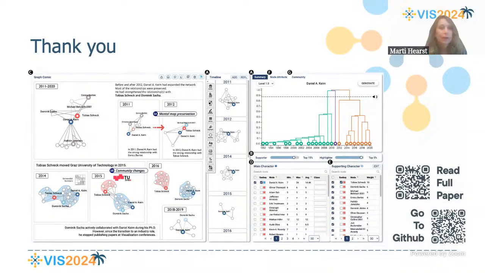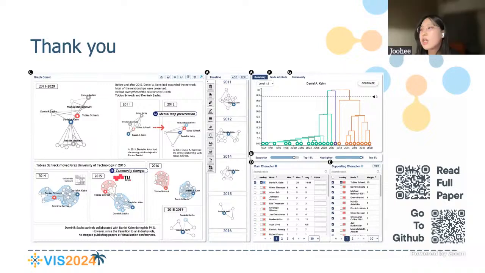Yeah, great. And I guess the last question is, since you're calling it a comic, are you thinking about adding other kinds of visuals to it to make it more like a comic strip? Right. As I explained in my slides, there is a function to insert images.